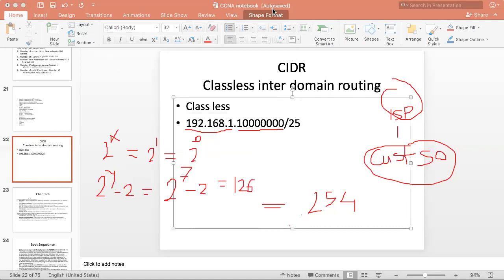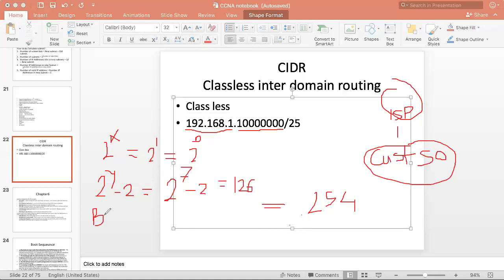So here the network block will not be 256. Let's talk about block size now.